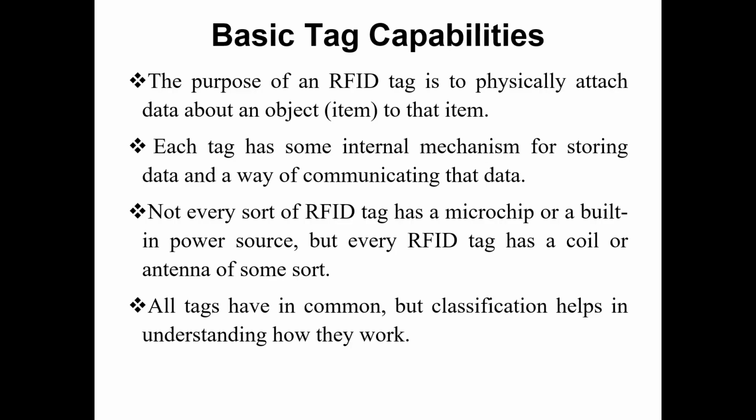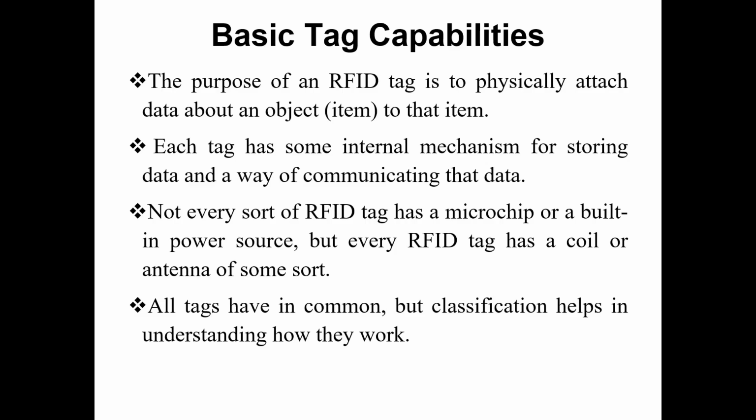Suppose we want sensing: certain RFID tags include sensors like temperature, humidity or motion, so they can monitor conditions. Then communication range is very important, because it is the capability to operate at different ranges, depending on the frequency levels.